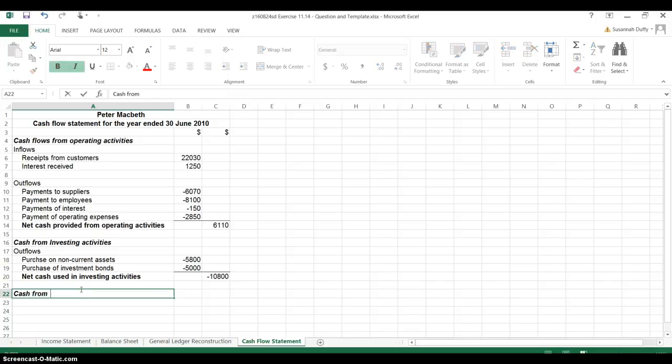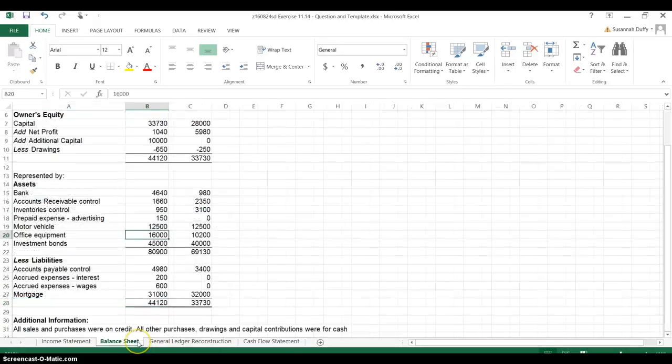So cash from financing activities. Sorry about the typos, I'm just going to leave it so that we don't spend too much time. So again, first of all, we look for inflows if we've taken out new loans, so if our loan values increased within liabilities, and also we look for capital contributions.